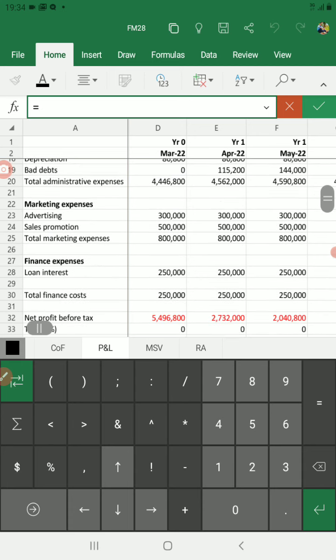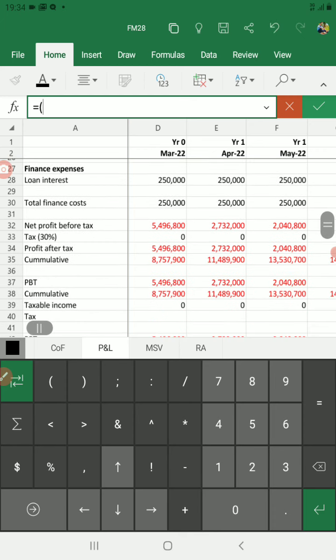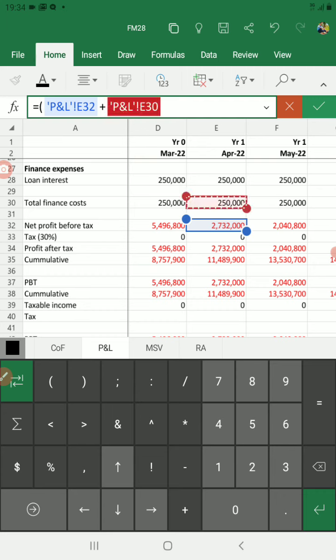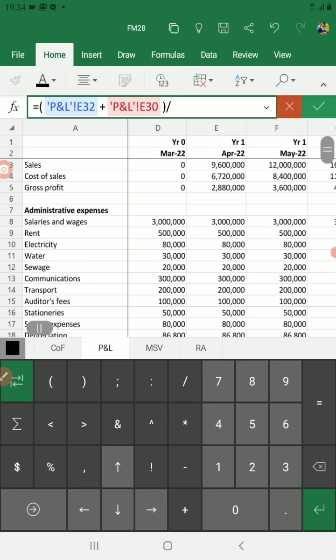So let me start with open the bracket and then take profit before tax, this figure for April, and then add interest component, which is the total finance cost here. Now we have earning before interest and tax, so I can close the bracket, and then this figure we divide it by sales figure. Press enter.